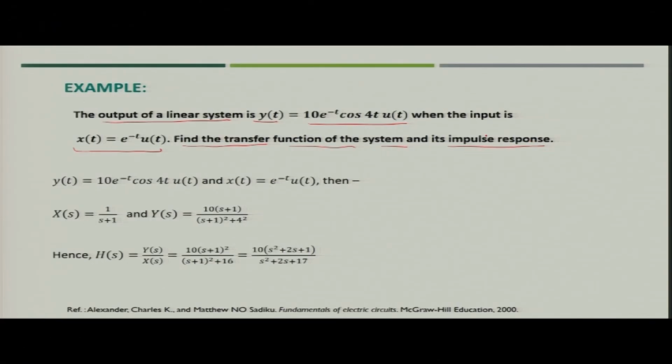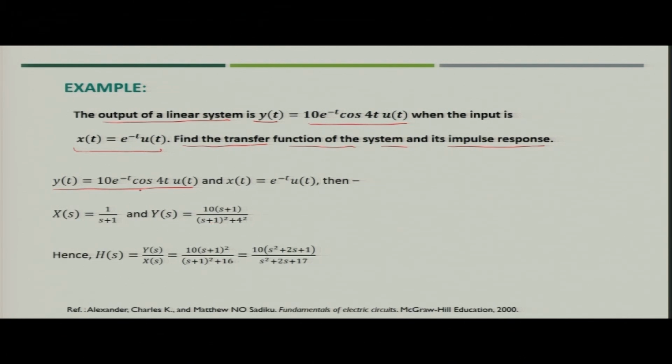The transfer function you can find with the help of S domain analysis. So, you first have to convert y(t) into the S domain and x(t) into the S domain. When you convert y(t) equal to 10 e^(-t) cos 4t u(t) into the S domain, what will you get? 10, and instead of S you put S plus 1.